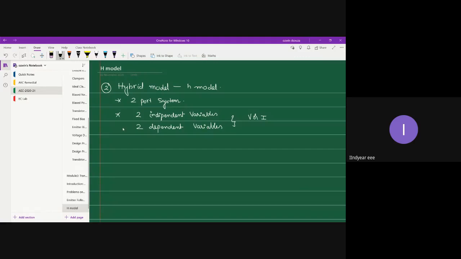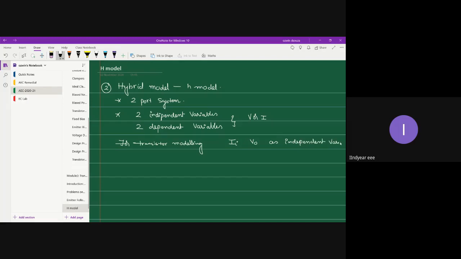Now for transistor modeling, what we do is we take input current Ii and output voltage V0 as independent variables.